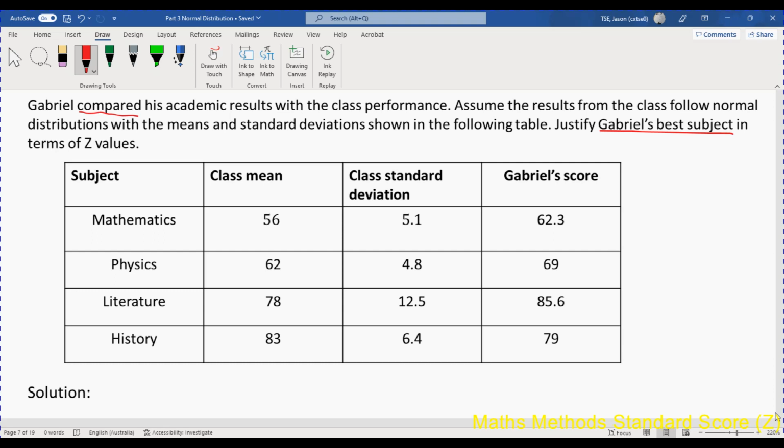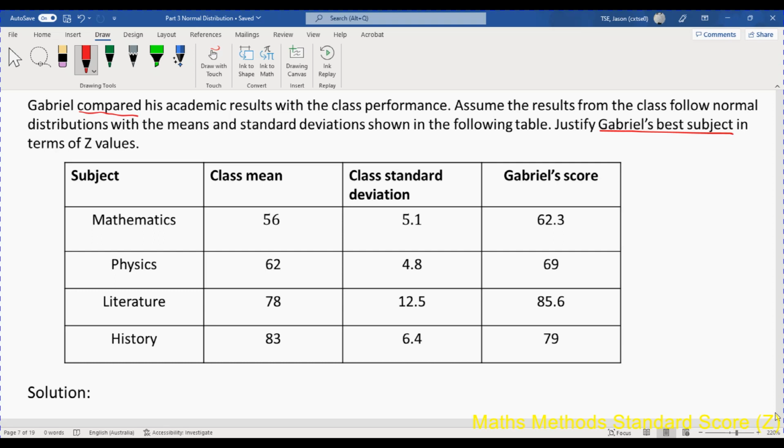If you can't get as high a mark in methods, that's quite natural. You can't just say methods is my worst subject because you got the lowest mark. And at the same time, you can't just claim the subject with the highest mark is your best subject, for the same reason.